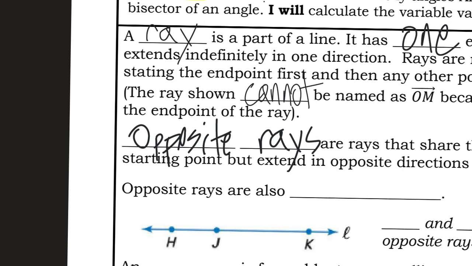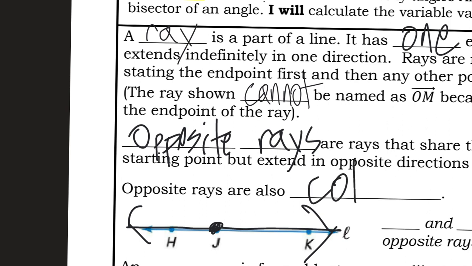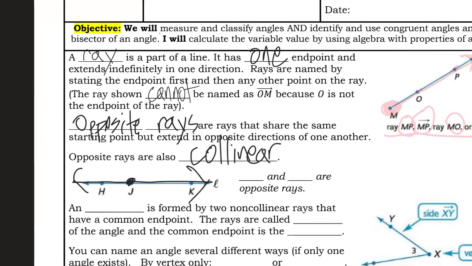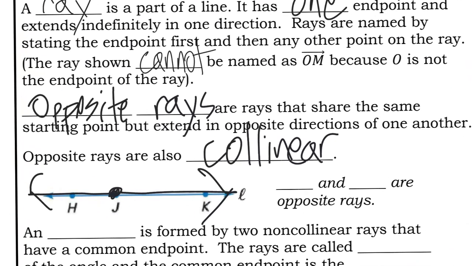If they're rays that extend in different directions, such as J, H, and then J, K, those are going in opposite directions, but they're on the same line, so we say they're also collinear. Remember, collinear just means you're on the same line. All right, so what I just said goes right here. JH and JK are opposite rays.